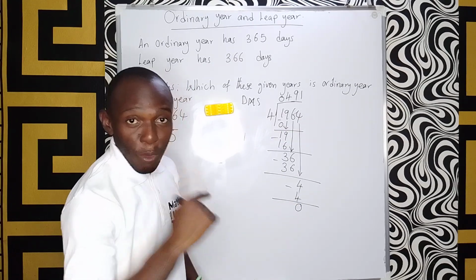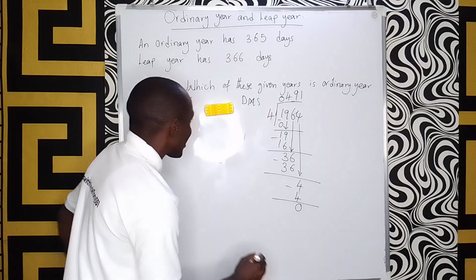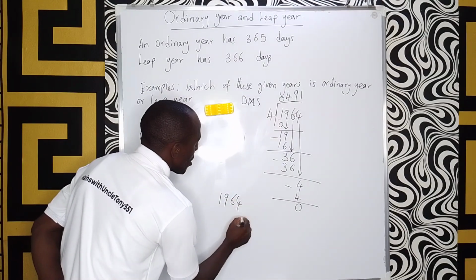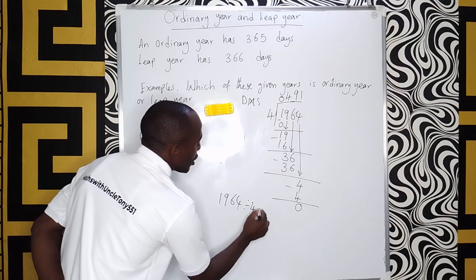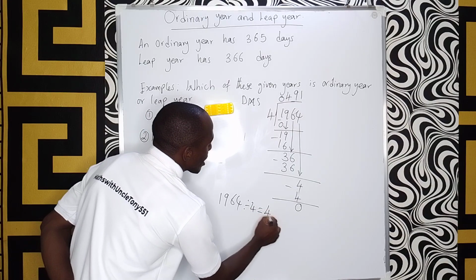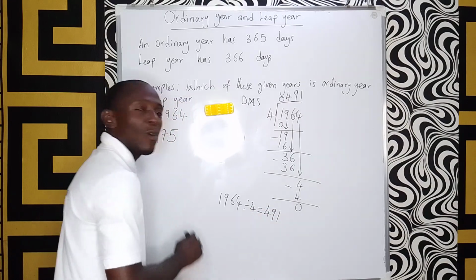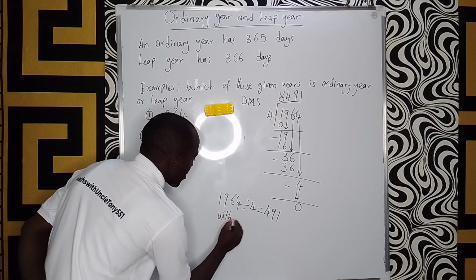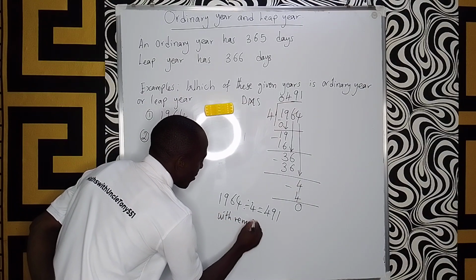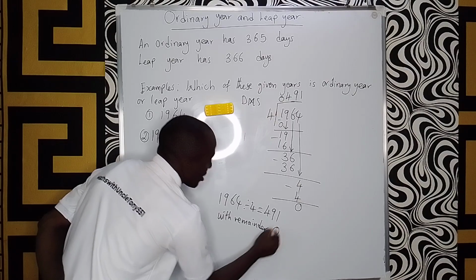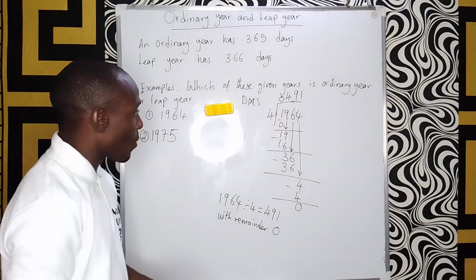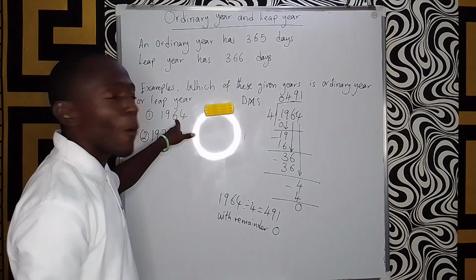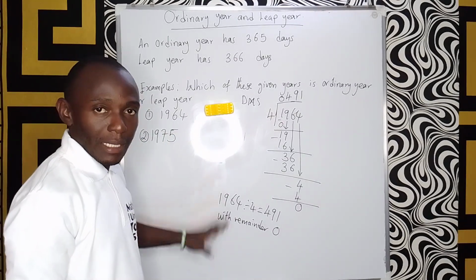Now, that's the most interesting part. 1964 divided by 4 gives us 491 with remainder 0. This is our remainder 0. So the question now is, is 1964 a leap year or not?